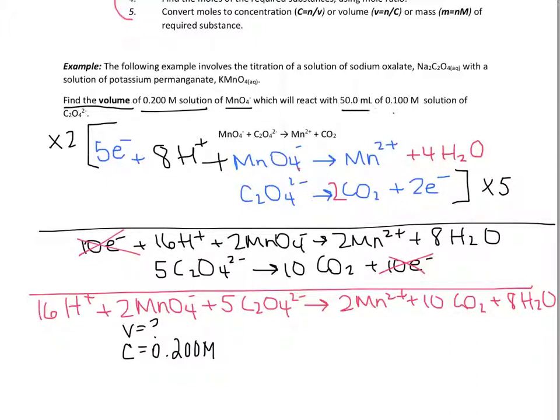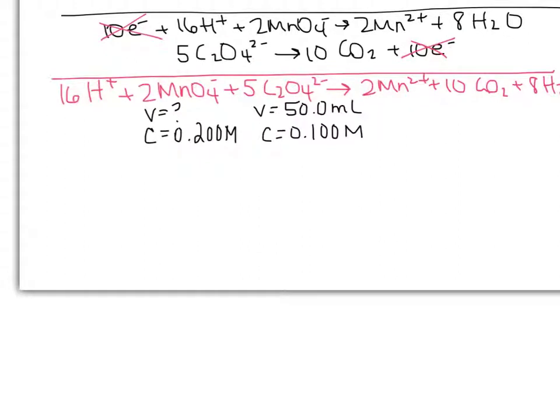Which will react with 50 mils of a 0.1 molar solution of C2O4. So volume here is 50 milliliters, and the concentration is 0.1 molar. Looking at this now, you should ask yourself, what do I have enough information to solve for?